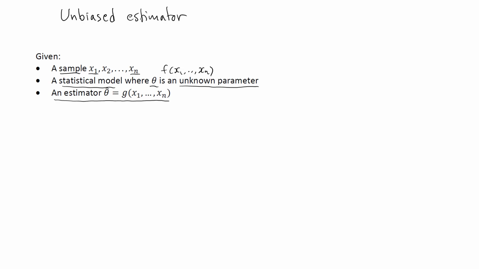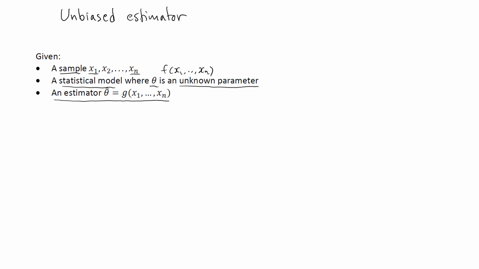This is the typical setup in statistics, and there is a useful way of thinking about this setup. You can think of this as a game between you and an opponent that we can call nature. So in this game, nature says something like, I am going to simulate a sample from some distribution.